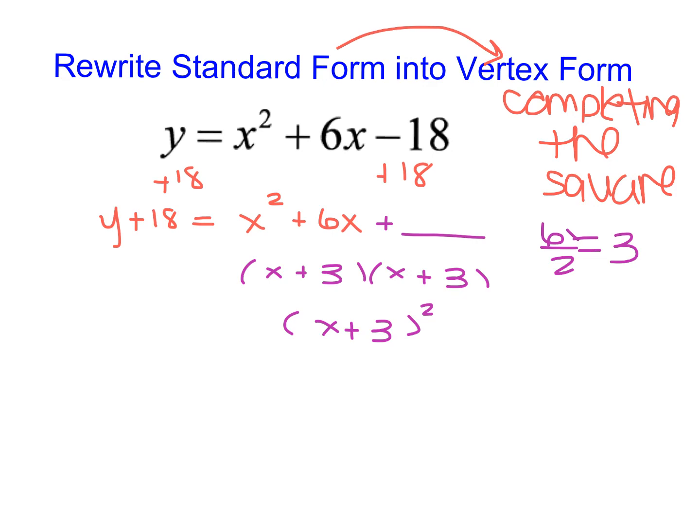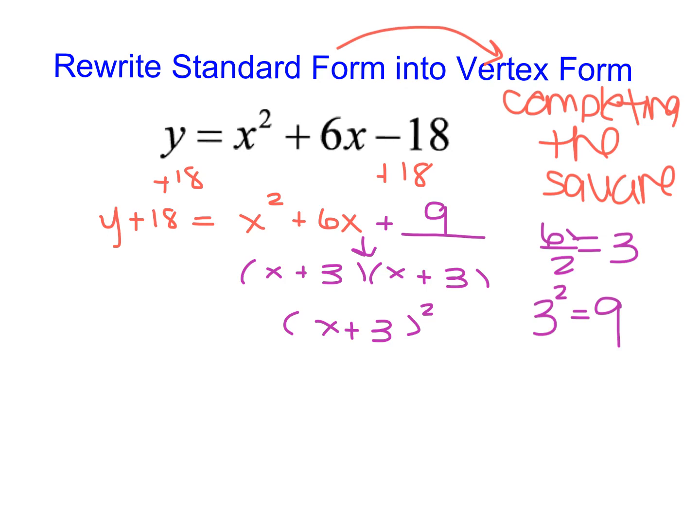So if my goal is to make this x plus 3 times x plus 3, which is x plus 3 squared, I need to figure out what I need to add into this equation to make that happen. Well, if I take 3 squared, that gives me 9, and if I add 9 in here, I will create the perfect square trinomial that creates x plus 3 times x plus 3, which results in x plus 3 quantity squared.